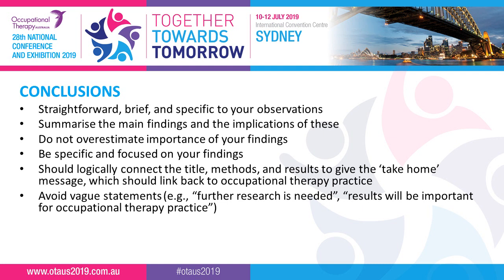Therefore, we need to replicate this in the context of a controlled trial so that we can ensure that the results seen here weren't due to chance or due to the progression of time, for example. And describe how results will be important for occupational therapy. What are the implications? The more specific, the more powerful your conclusions are going to be.